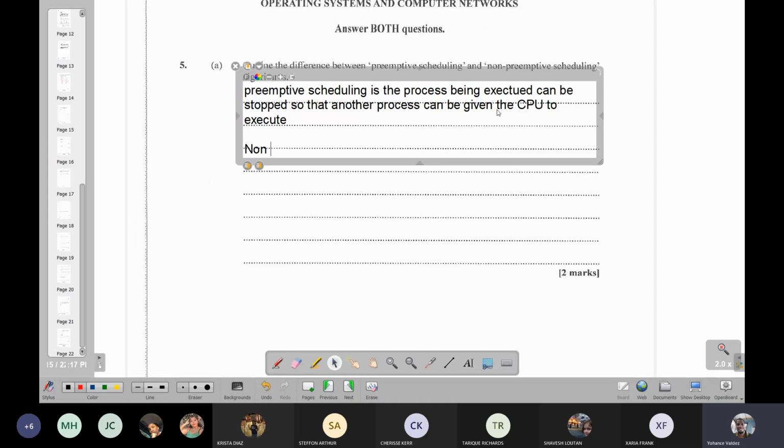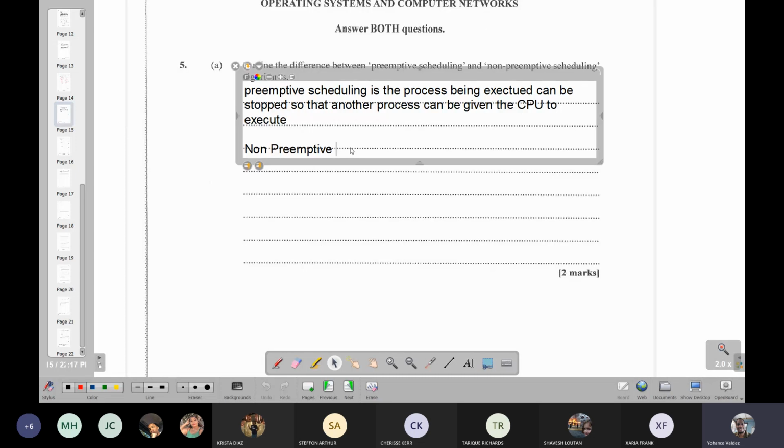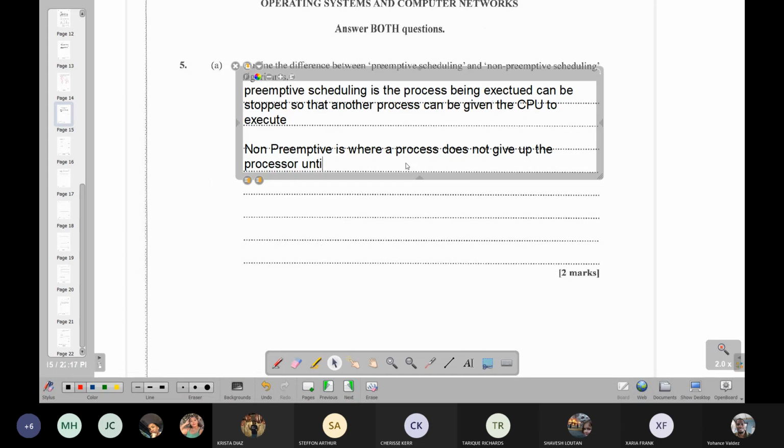Whereas non-preemptive is where a process does not give up the processor until it is finished.